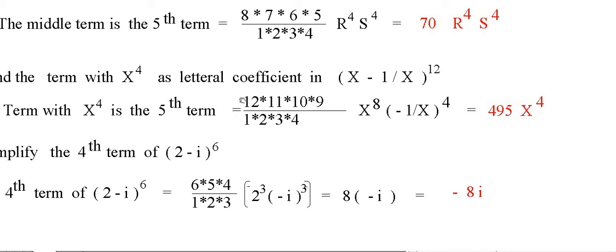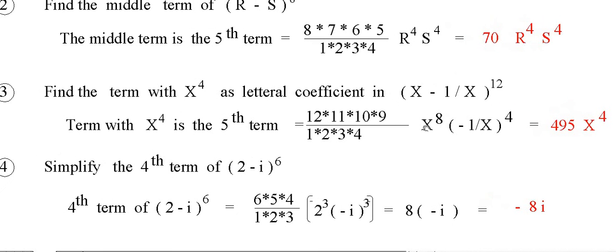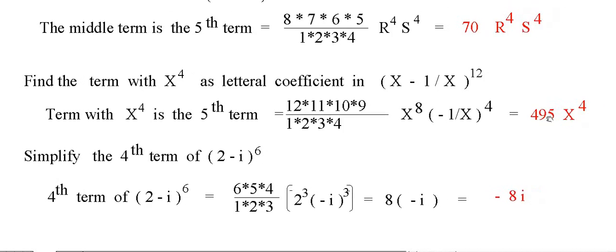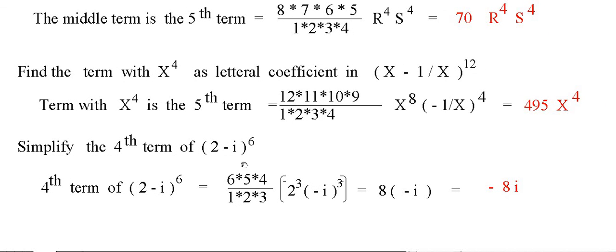The numerator has 4 factors, 12 times 11 times 10 times 9, and the denominator has 4 factors, 1 times 2 times 3 times 4. Simplifying this becomes 495 x to the 4th, and this answers our problem to find the term with x to the 4th. It is the fifth term of the expansion.